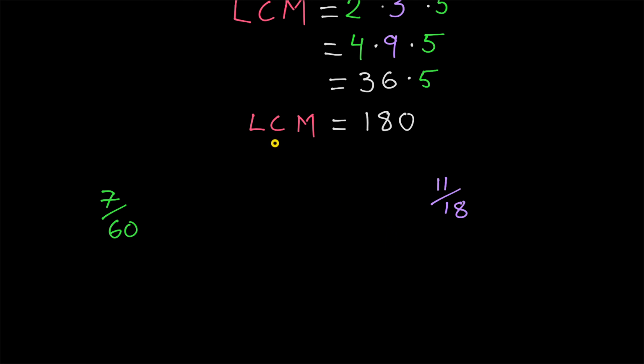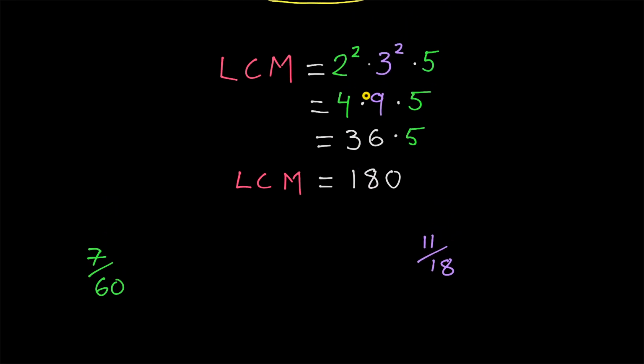And I am claiming that the lowest common denominator for these two fractions is going to be 180 because it is the lowest common multiple of 60 and 18. And now the question is, how are you going to convert these fractions to equivalent fractions that have a denominator of 180?